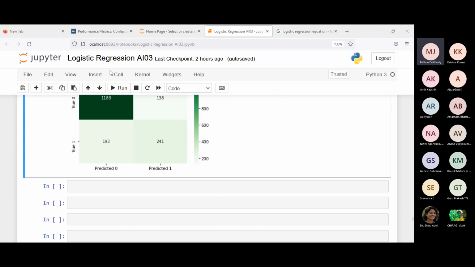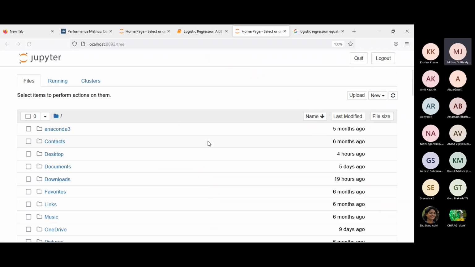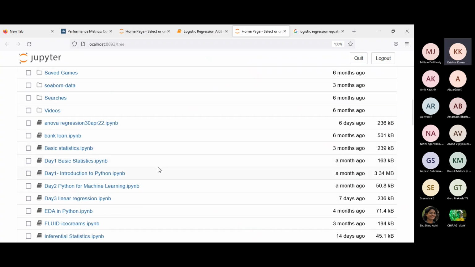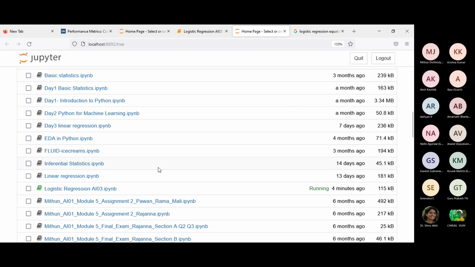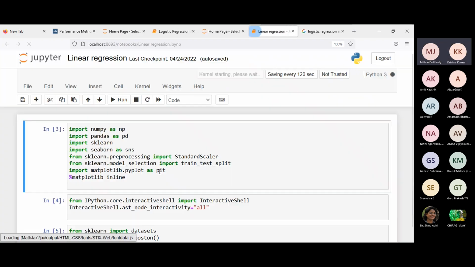Okay, can you just open that Boston Housing, guys? Just for a quick moment. Last week's code, if you have it, just open up that code.